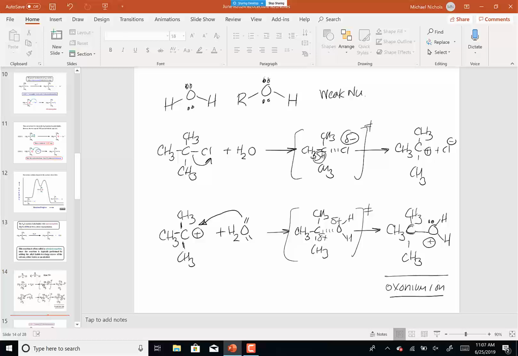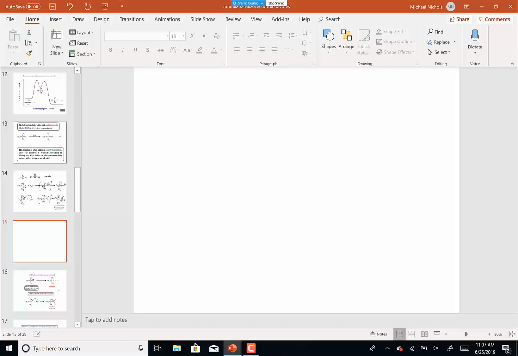Okay, so what am I going to do then? Well, I got to get this to be a neutral oxygen. So what do I do? What can I do to make that oxygen have a zero formal charge?